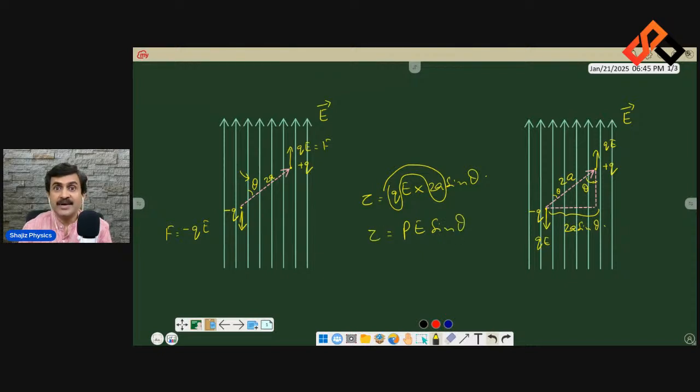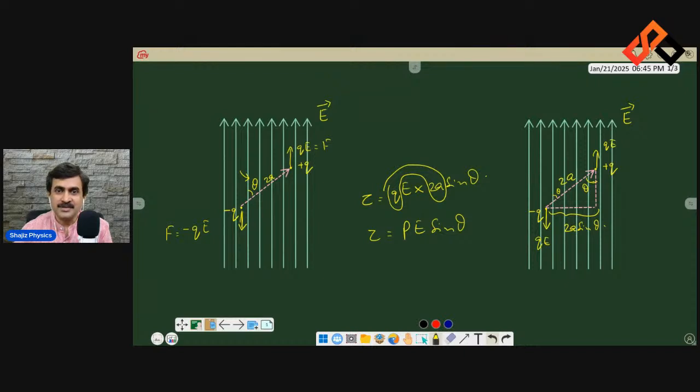Now, torque is a vector quantity, and this is what I want each one of you to remember or internalize with clarity. Whenever there is a sine theta appearing in any equation, physically it means that there is a chance for that equation to be written as the cross product of two vectors.